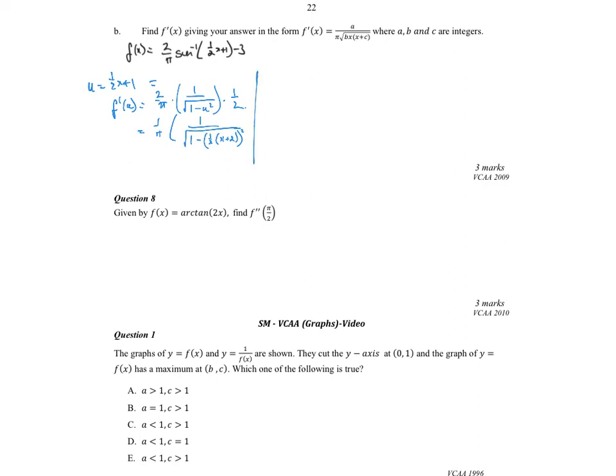So let's just concentrate on that expansion first. Let's have a look at 1 minus, so that's going to be a quarter of x squared plus 4x plus 4. That's all under a square root sign. What do I want to do there?